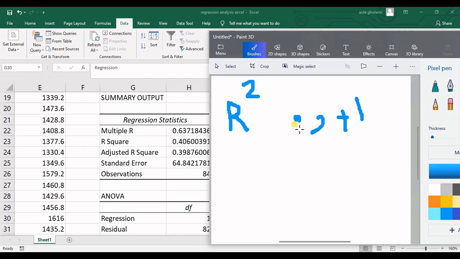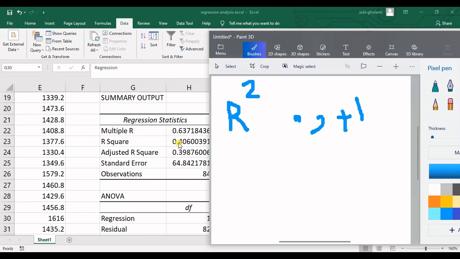Of course, 0 means there is no meaningful or significant correlation between these two sets of data, and positive 1 indicates there is a strong, meaningful, significant relationship between these two sets of data.